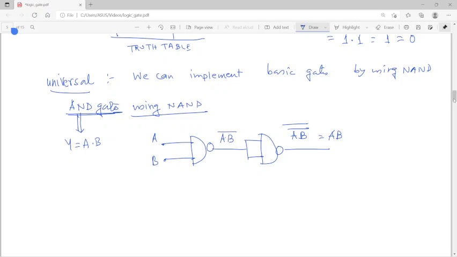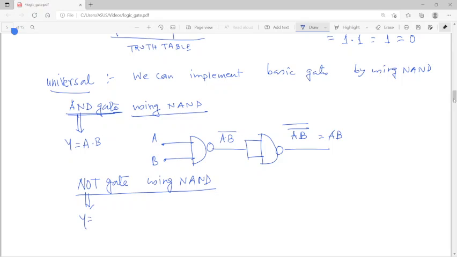If I am putting two NAND gates like that, and if I want to implement the NOT gate using NAND, then you can also implement this NOT gate.